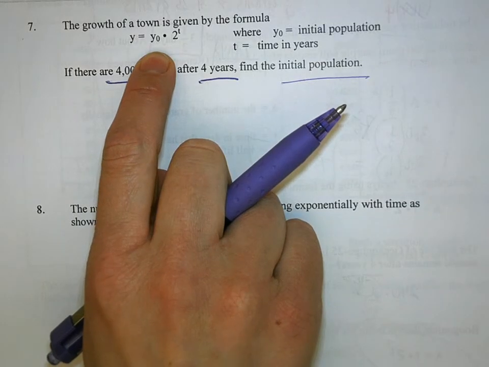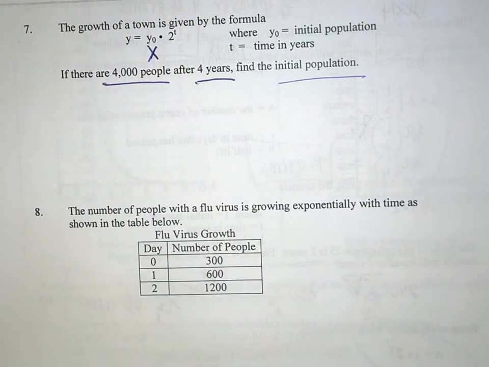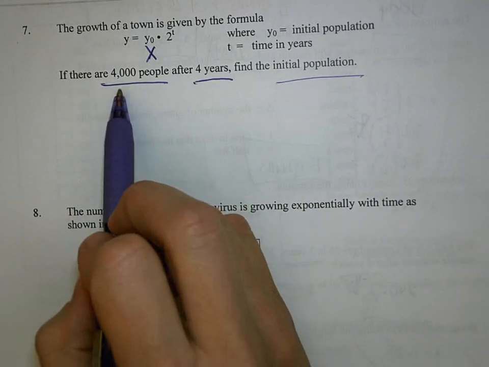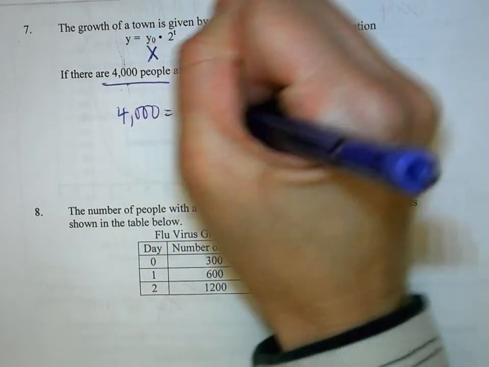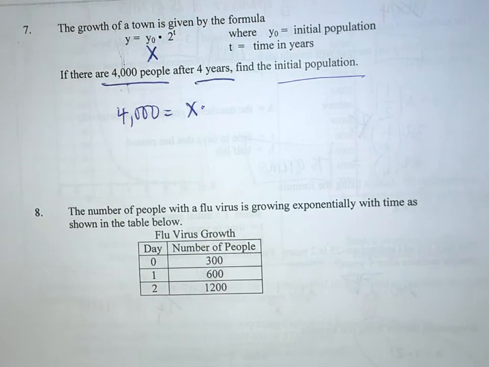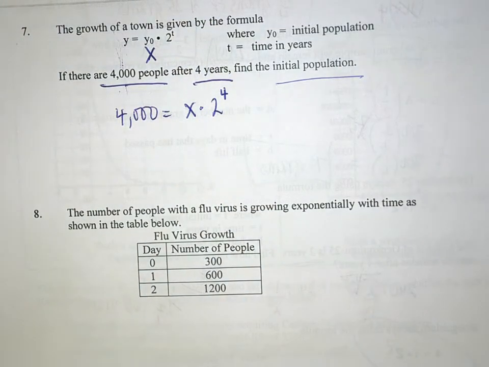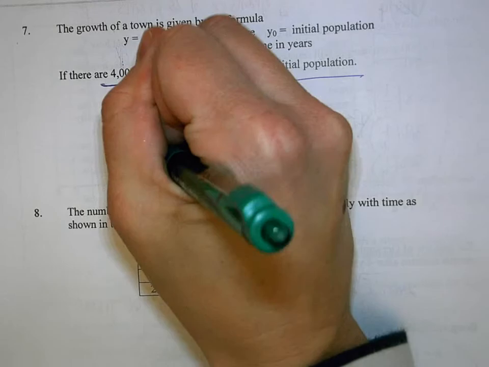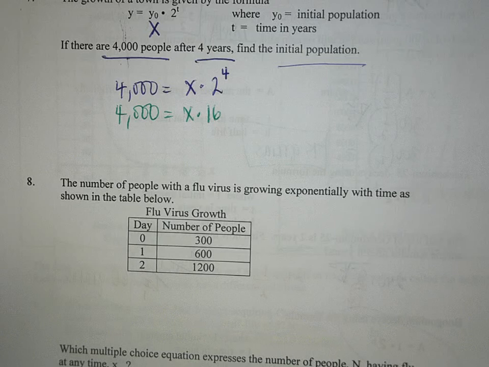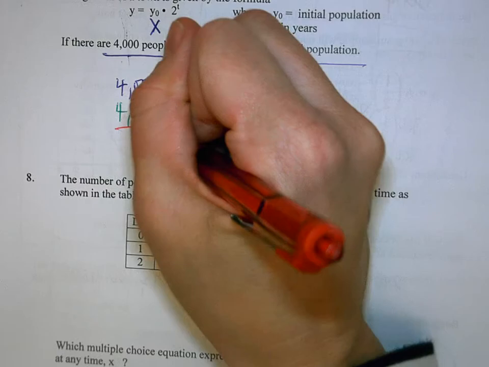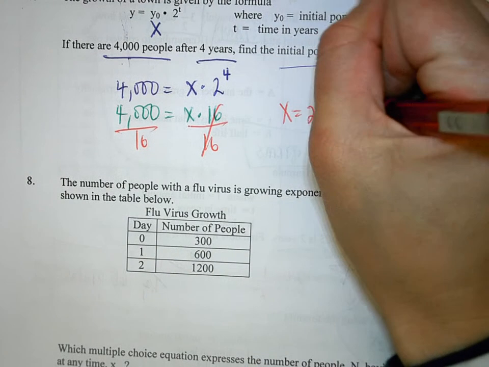If you want to write this as x when you're figuring this out so it's easier to see, you can do that. They're telling you that 4,000 people equals my initial population times 2 to the 4th power. What is 2 to the 4th power? 16 is correct. How do we get rid of that 16 with the x? Divide by 16 on both sides. If you take 4,000 and divide it by 16, you get the answer of 250 people.